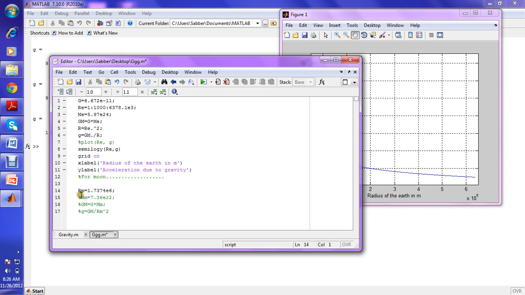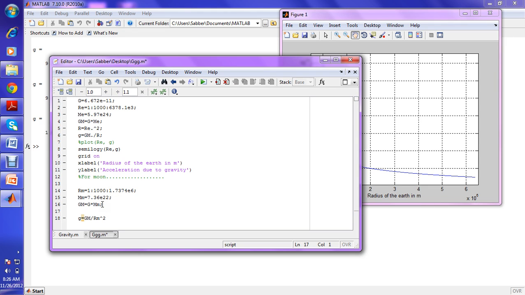Let's see. Okay, we can compare this for the moon. Let's put here 1 up to 1000. That means 1 kilometer. So this is the mean.